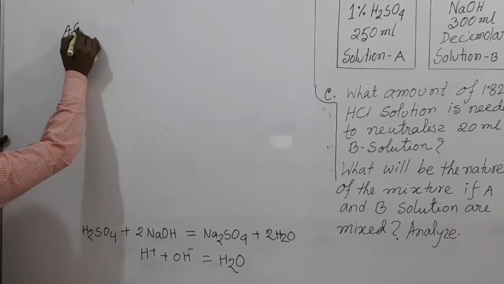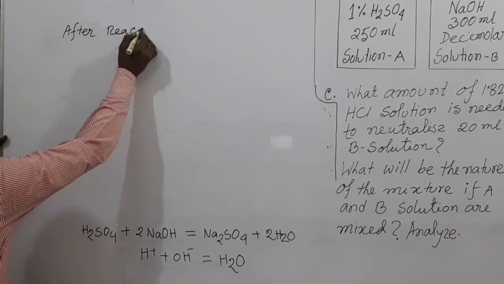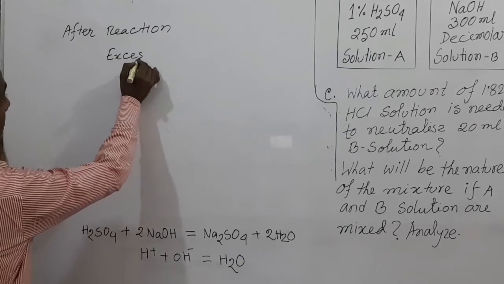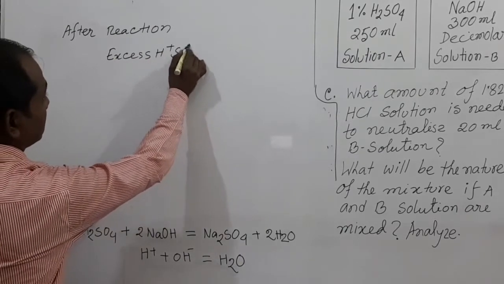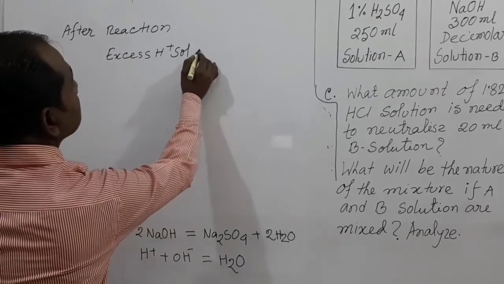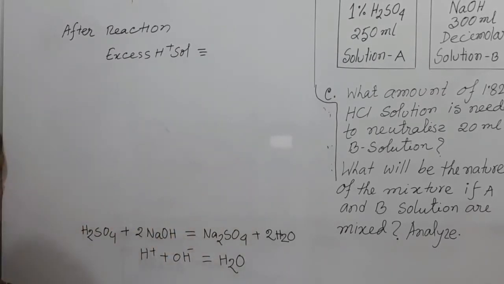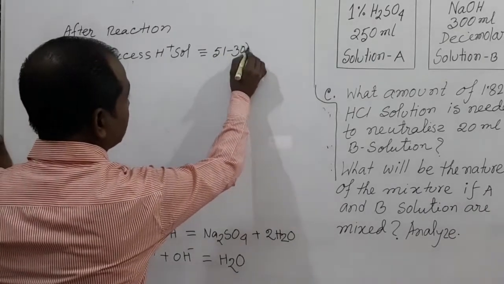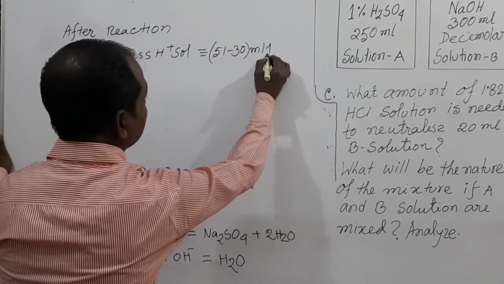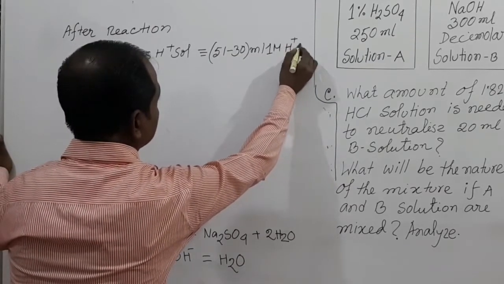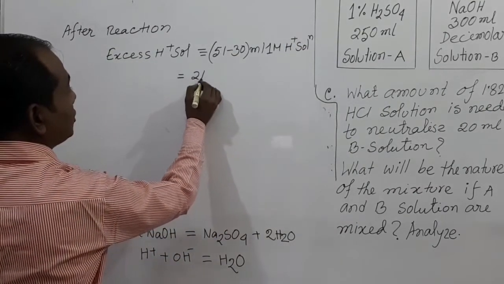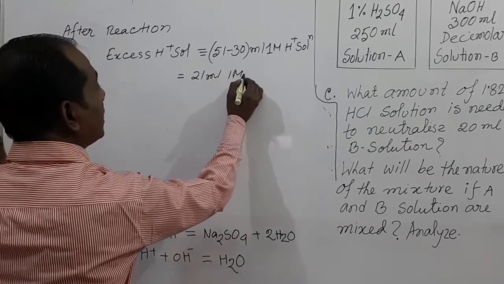That means after reaction, excess hydrogen ion solution is equivalent to 51 minus 30 ml of 1 molar H plus solution, and we get here 21 ml of 1 molar H plus solution.